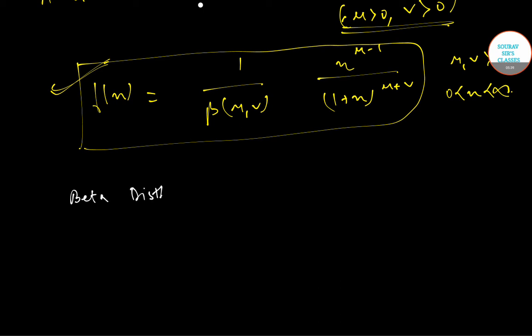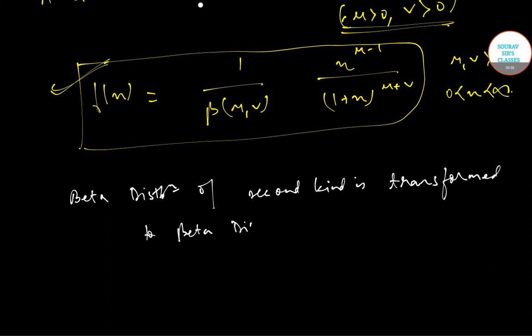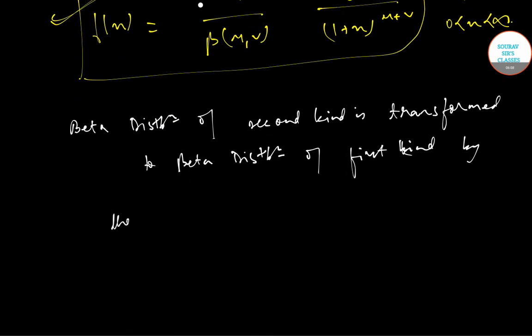So beta distribution of the second kind is transformed to beta distribution of the first kind by the transformation 1 plus x is equal to 1 by y.